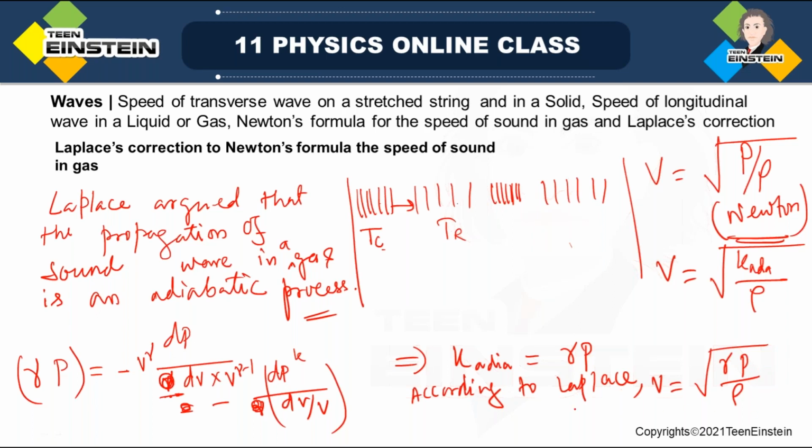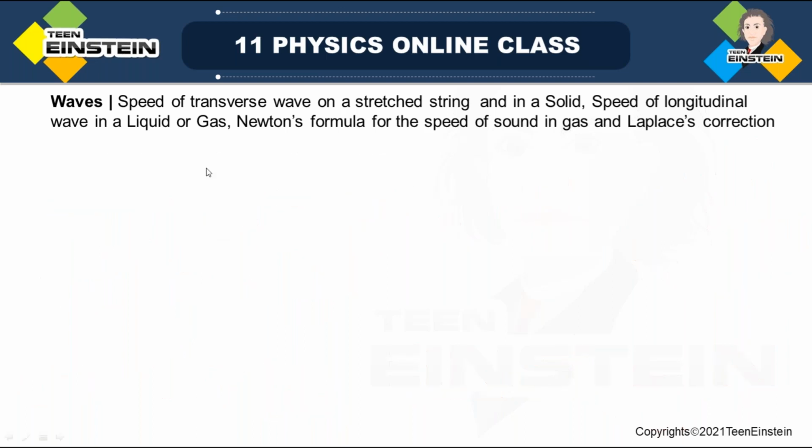Gamma is, we have learnt already, Cp by Cv. We have learnt in thermodynamics and kinetic theory of gases also. So gamma is Cp by Cv. Now, if we take this Laplace's formula of speed of sound in gas, gamma P by rho.